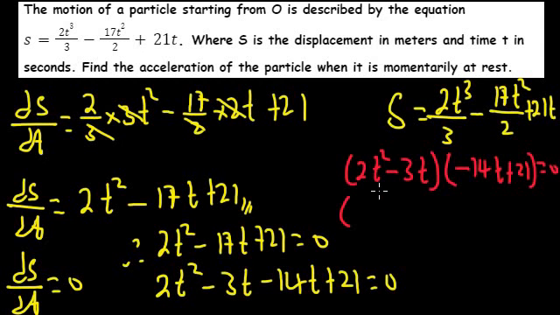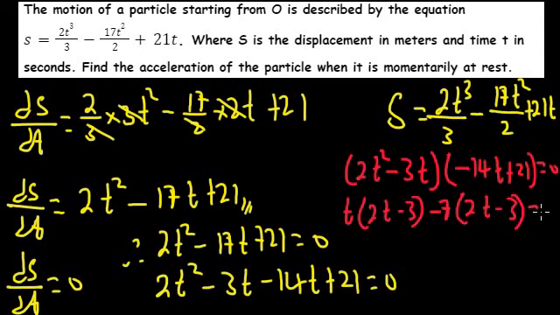So we have, for this one, t is common. Let us say t is common for this first bracket. So we have t in a bracket of 2t minus 3. While for this one, let's take minus 7. Minus 7, then we have 2t minus 3 as well. Notice, minus 7 times minus 3 gives us 21.